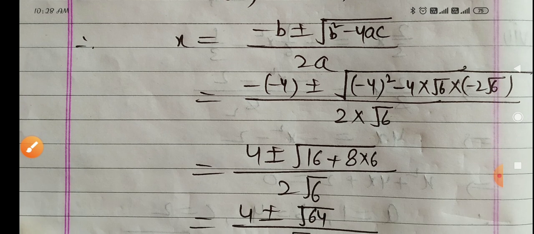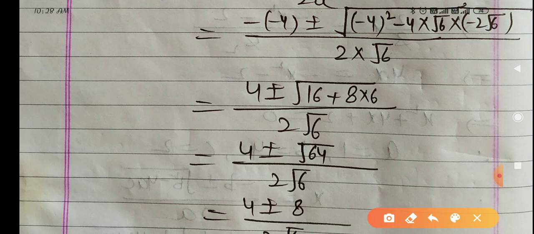So when you put the values you will get minus 4 plus minus 4 square minus 4 into the value of a, root 6, into the value of c, minus 2 root 6, upon 2 into root 6. So by simplifying it is coming 4 plus minus root 16 plus 8 into 6.